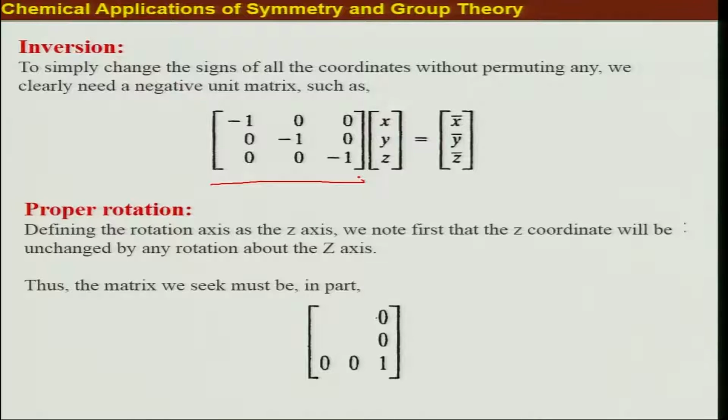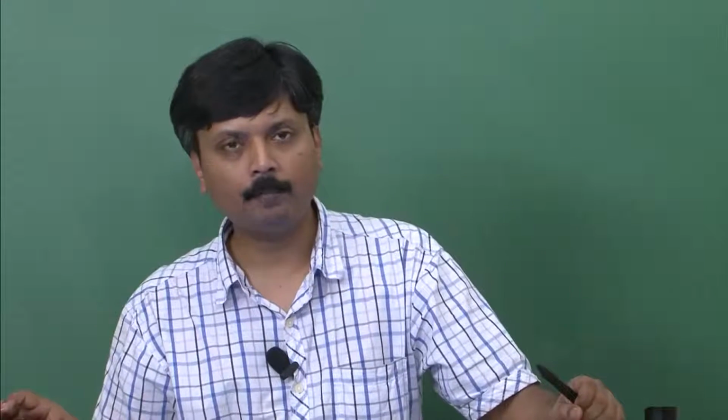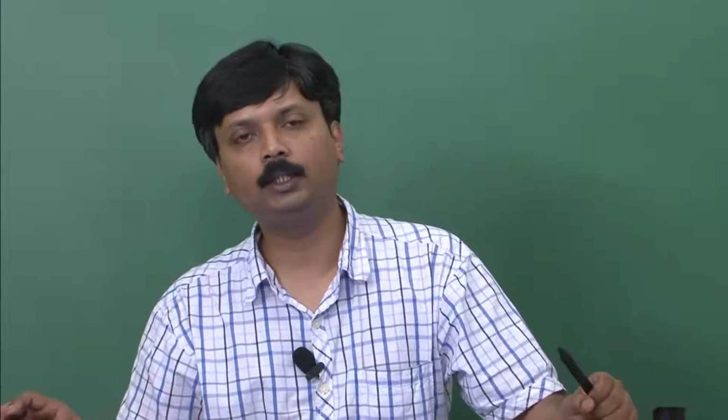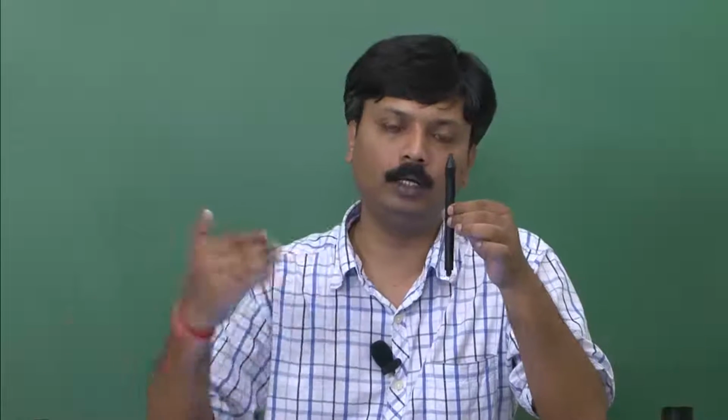Now we will look at the proper rotation. This is one of the most important and vital. So let's look at this proper rotation and how we can find out the matrix representation for proper rotation. Here also we will take a general point having the same x, y, z coordinates, and we will make another assumption, that the proper axis of rotation that we are going to deal with is along the z axis.